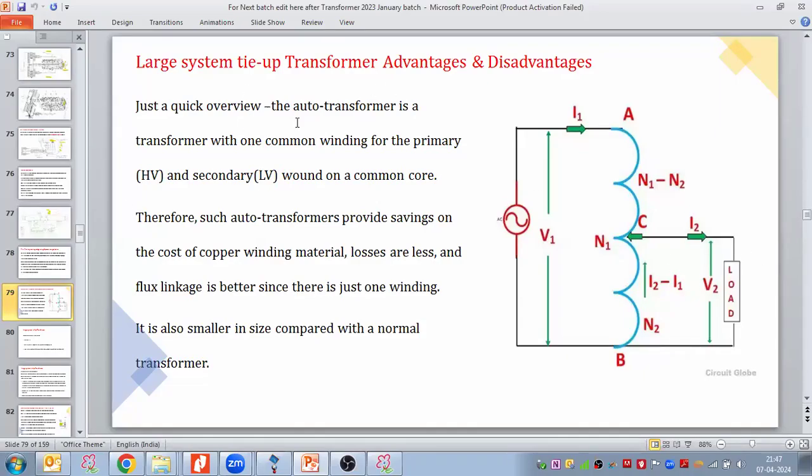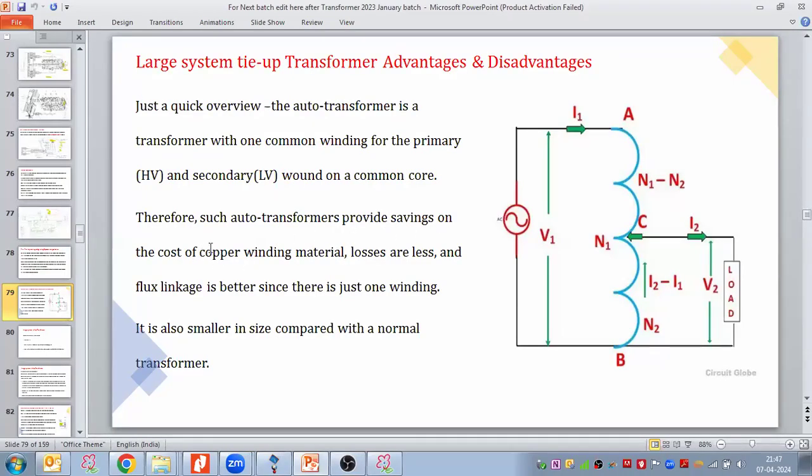So just a quick overview. The auto transformer is a transformer with one common winding for the primary and secondary, both wound on a common core. Therefore such an auto transformer provides savings on the cost of copper winding material, because we are taking tappings and another winding is not required.